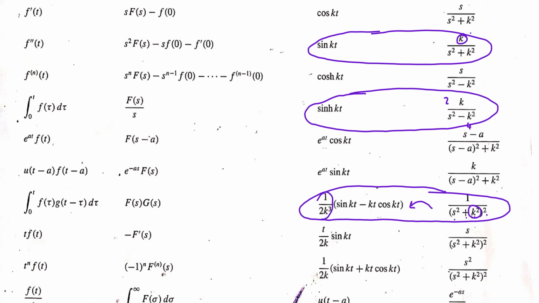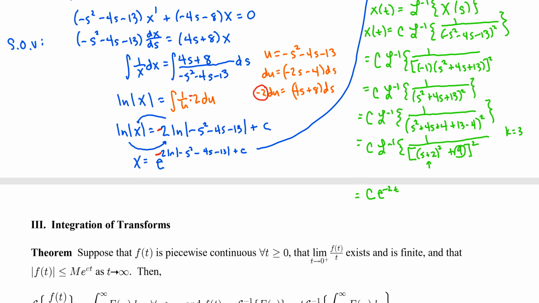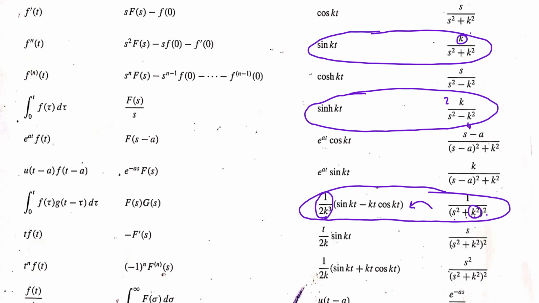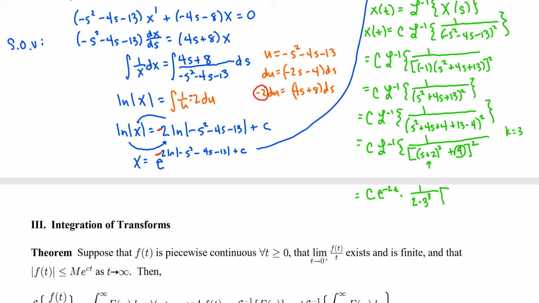We have 1 over 2k cubed to begin with. So on our work, we have 1 over 2 times k, which is 3, to the third power. Okay, looking back at our formula, sine of kt minus kt cosine kt. So we have sine of 3t minus 3t cosine 3t.